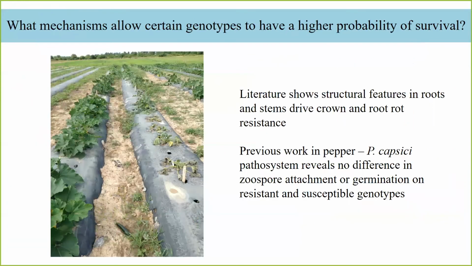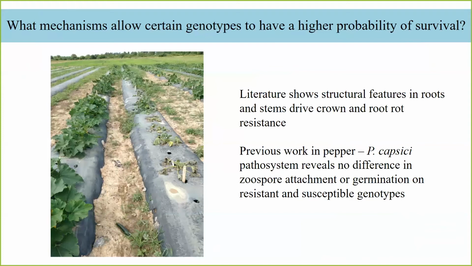I'm also interested in the mechanisms that allow plants of these partially resistant genotypes to have a higher probability of survival compared to other genotypes. Previous work has shown that structural and physical features in roots and stems are involved in resistance to Phytophthora crown and root rot.